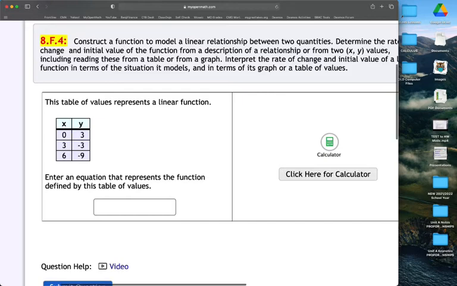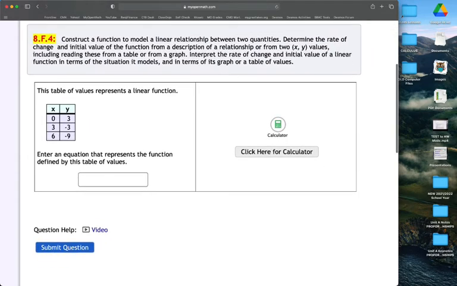Continuing with standard 8.F.4, where we are trying to construct a function to model a linear relationship between two quantities. Here we can see we have a table of values that we are being told represents a linear function. And so we need to come up with an equation to represent that function.